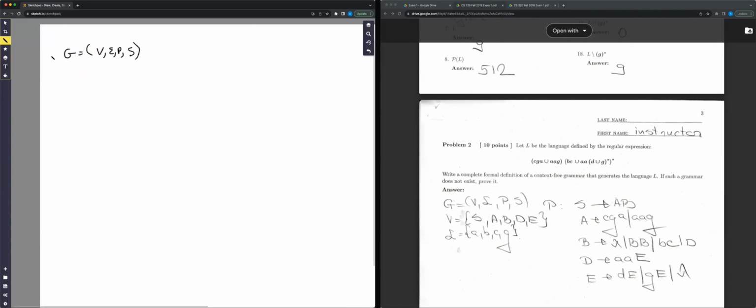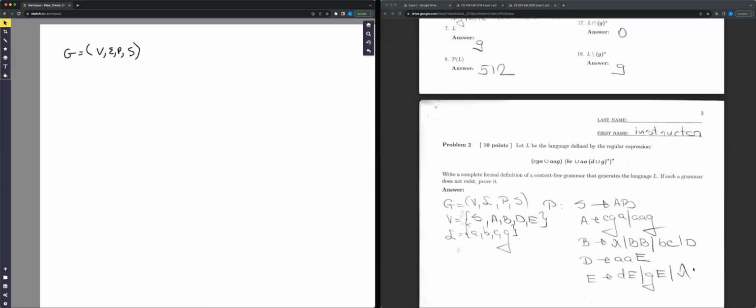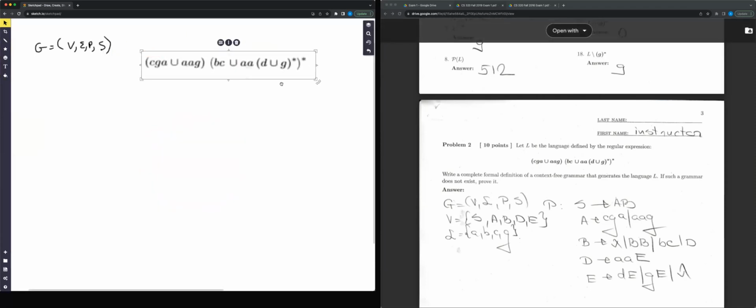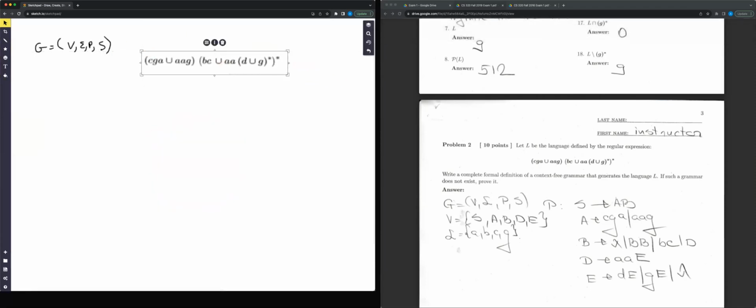So let's look at this question. We need to figure out a way to define this.